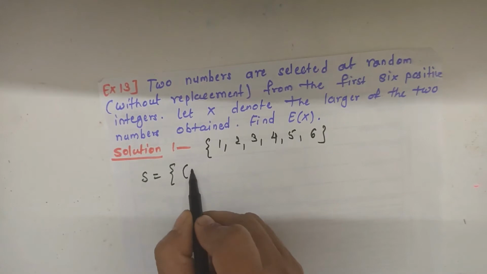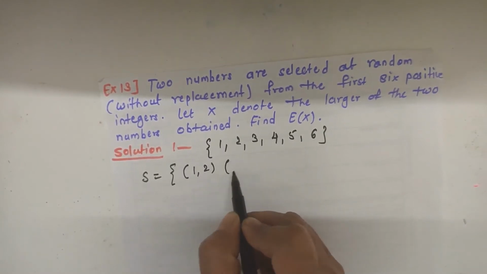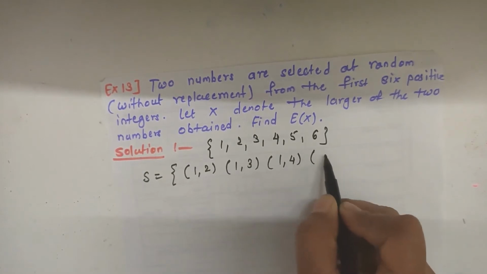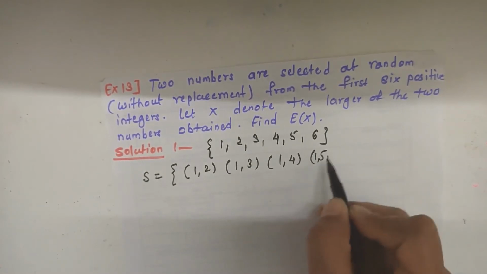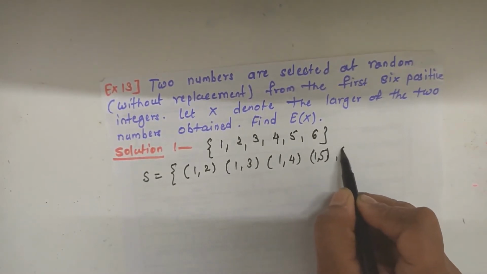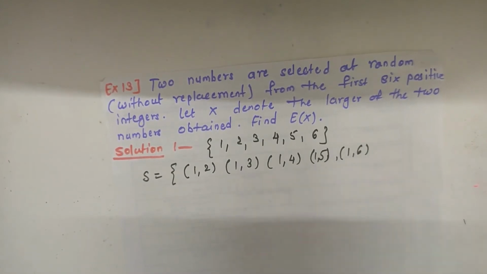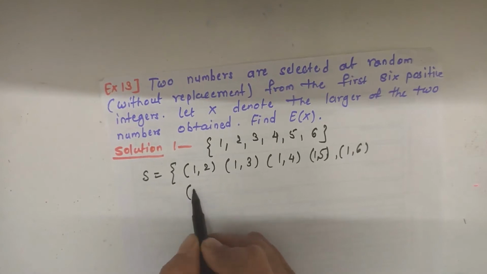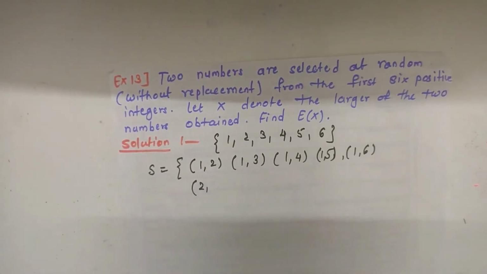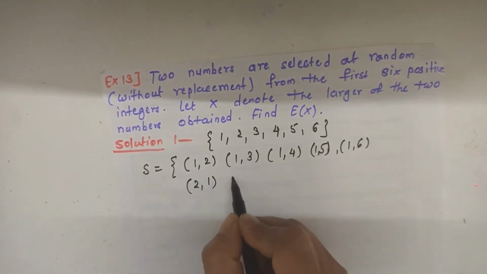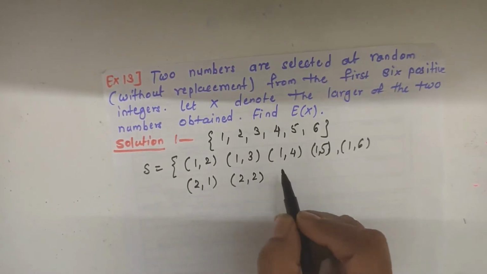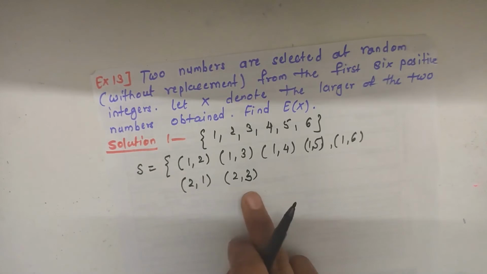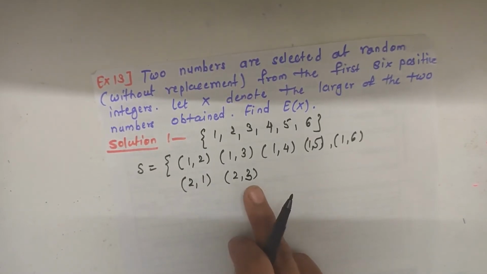So we can write the first ordered pairs (1,2), (1,3), (1,4), (1,5) and (1,6). The next possible ordered pairs are (2,1), and without replacement, so we cannot write (2,2) here.